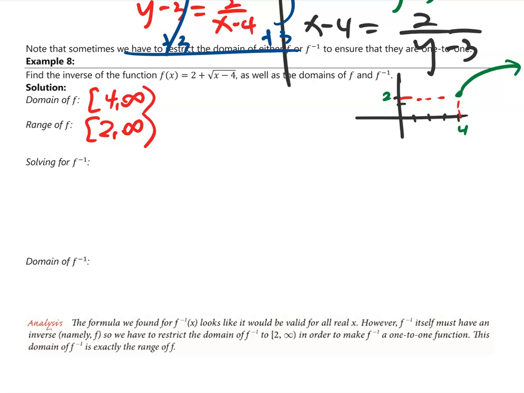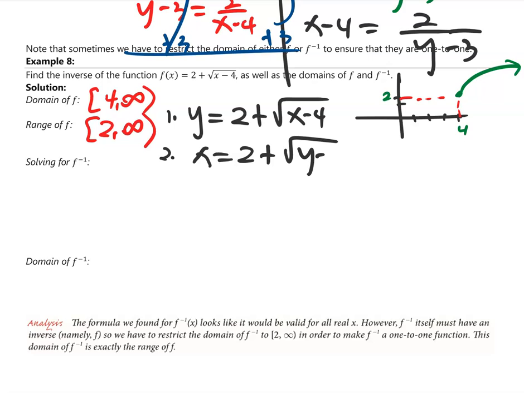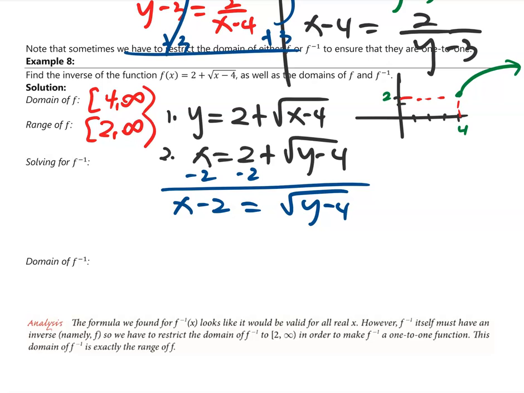Let's do that. So remember, the first step here is, let's write this as y equals 2 plus square root of x minus 4. What's the next step? Switch x and y. X is equal to 2 plus square root of y minus 4. Then isolate y. So subtract 2. So x minus 2 is equal to square root of y minus 4.